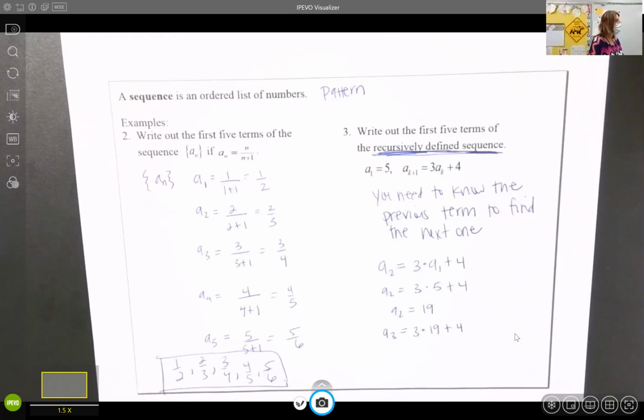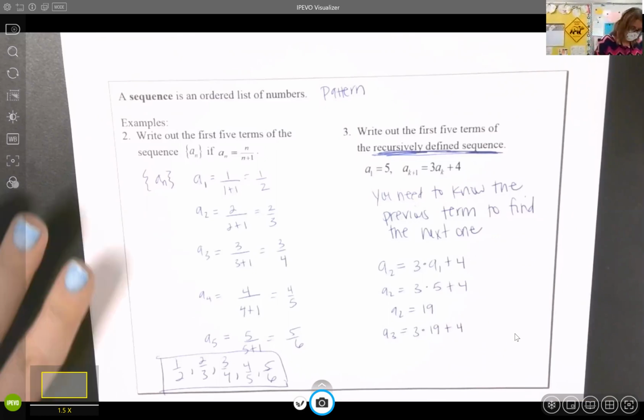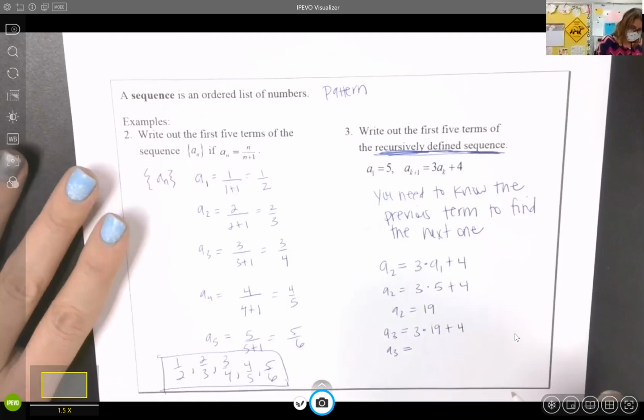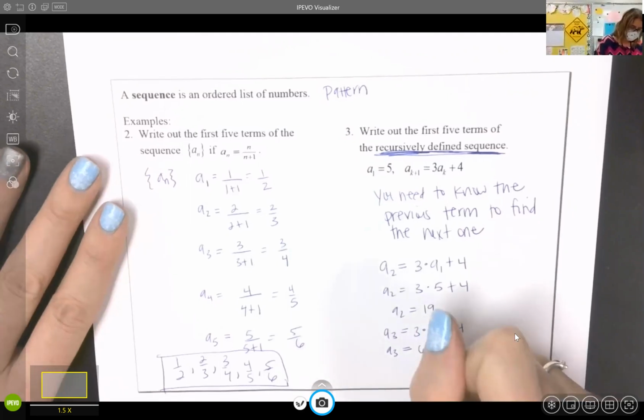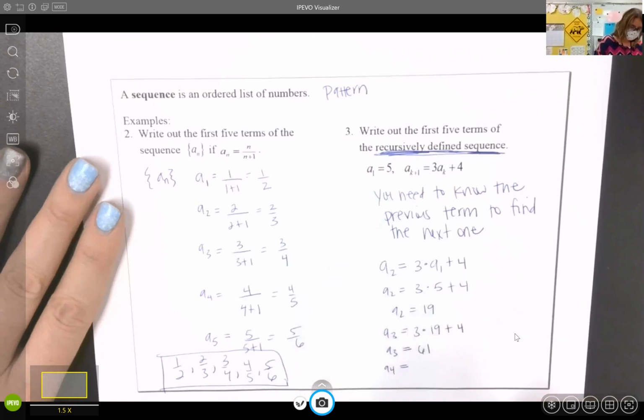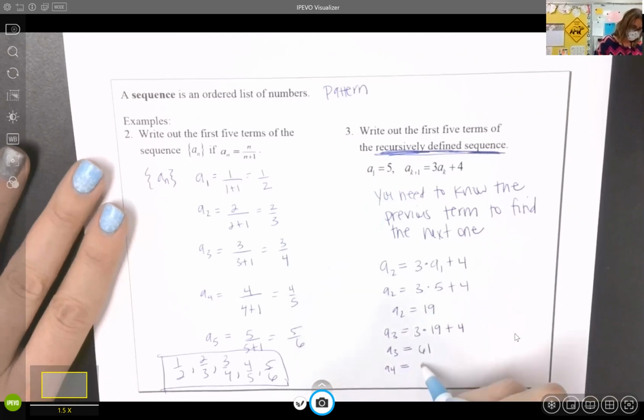You see the difference? Nod your head yes if you do. You okay? All right. So that means A3 is what? 61. And then A4, 3 times 61 plus 4, so A4, 187.